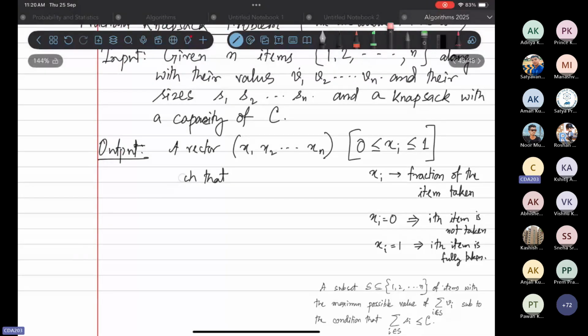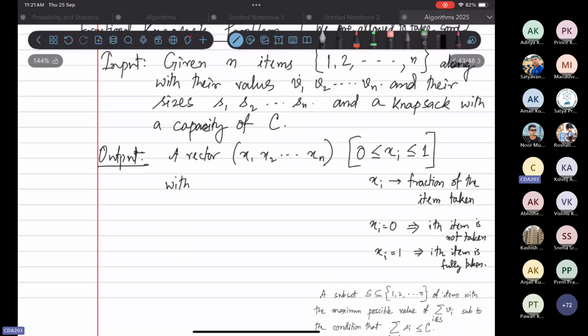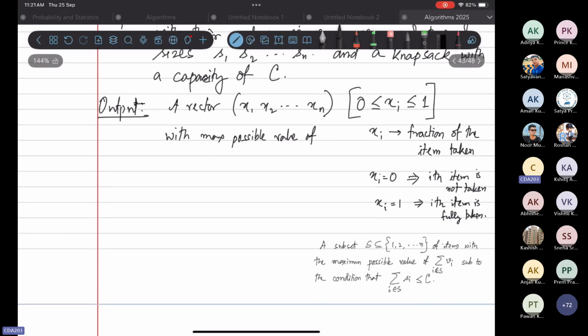What should I type in the same line? Earlier I wrote some subset of items with maximum possible value of something, right? With maximal possible value of some quantity. Which quantity would you like to maximize?